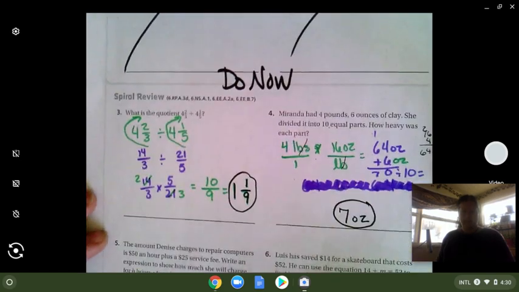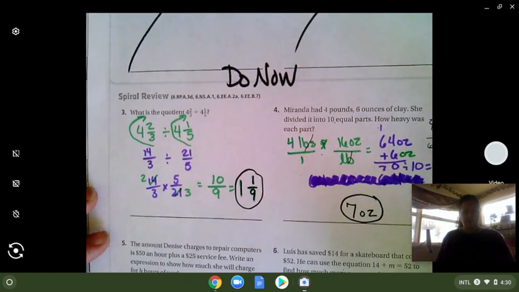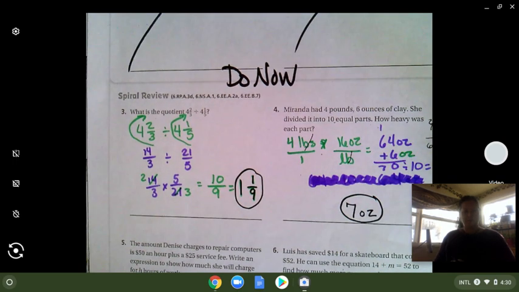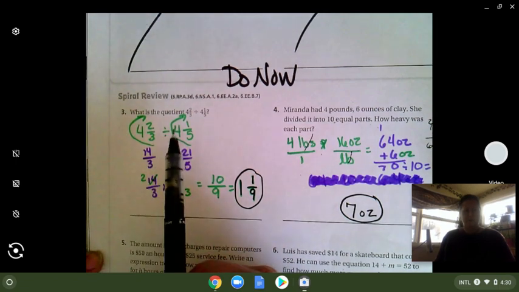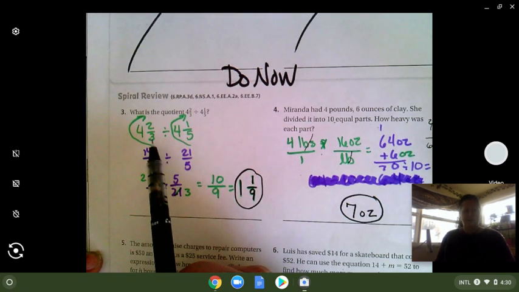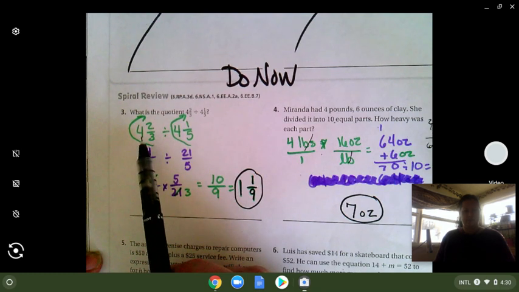Okay, let's start here. Number 1, what is the quotient? So remember, quotient is always the answer to a division problem of 4 and 2/3 divided by 4 and 1/5. So we have two mixed numbers there that we need to put into improper fractions so we can divide. So remember, the way to do this is your denominator times your whole number.